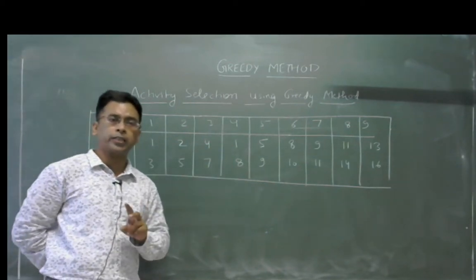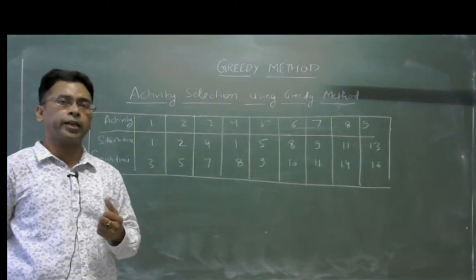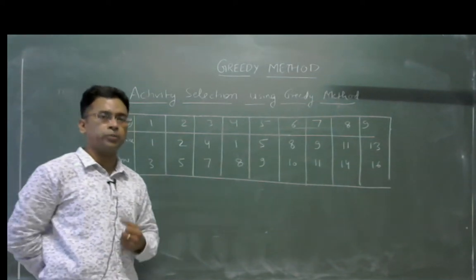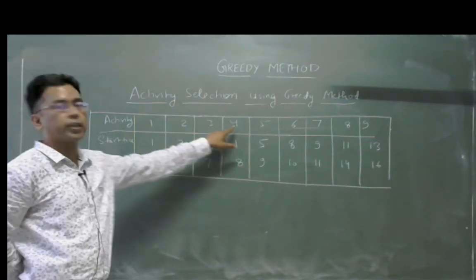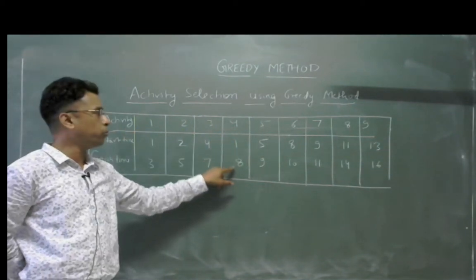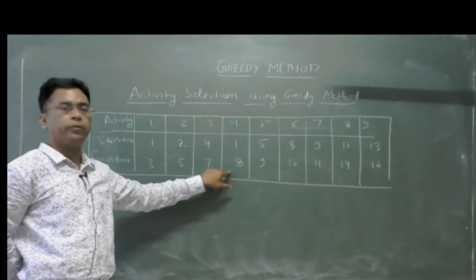If two activities are coming at the same time, to run the maximum number of activities, you will go for the activity which has the shorter time span. So I shall opt for activity 1 instead of activity 4, because activity 4 is taking more time than activity 1. So I have not opted for activity 4.